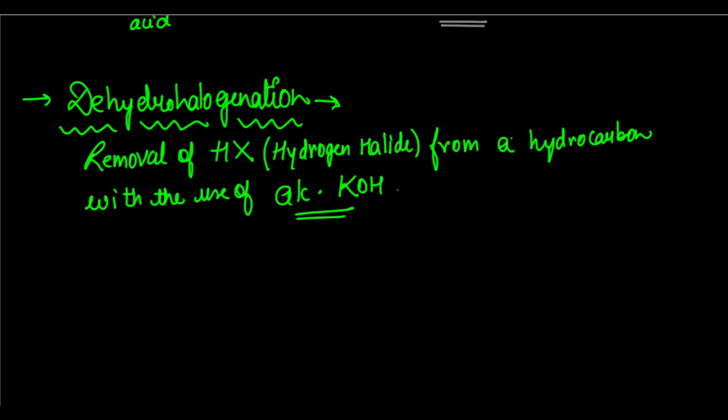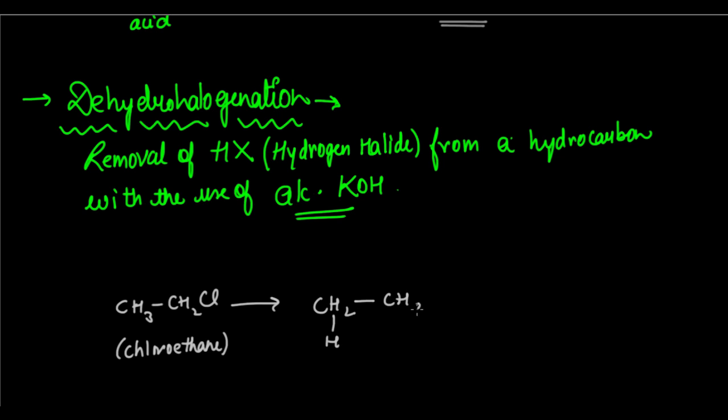For example, again, this is elimination of the hydrogen halide group. Let's take CH3CH2Cl. This is chloroethane. If I write this in the structural formula, this will be CH3, then CH2, to which you attach a chlorine.